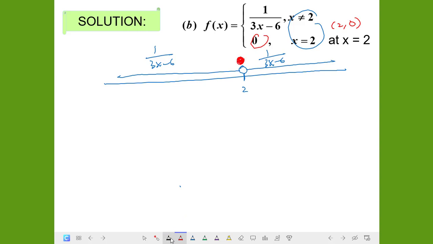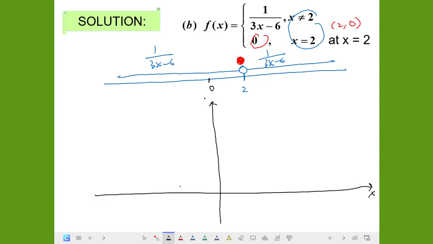So to sketch the graph, consider this one as 0, draw the y axis and x axis, the origin, and a dotted line. This is 2. When x is equal to 2, y is 0, so this is the point (2, 0) coordinate.